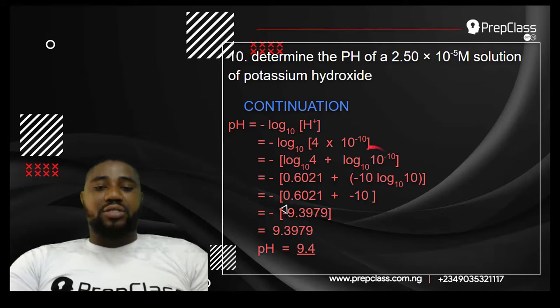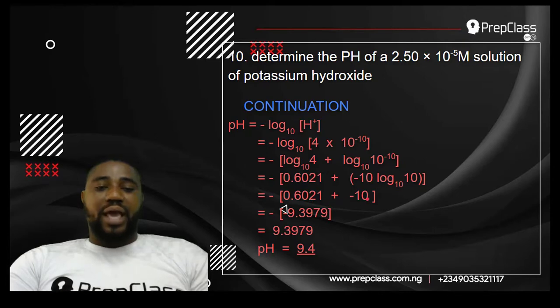Move this minus 10 to come here from the logarithm. You have minus 10 log 10. So that's minus 0.6021 plus log 10 to the base of 10. Log a to the base of a is 1. So log 10 to the base of 10 is 1. 1 times minus 10 is what? Minus 10.